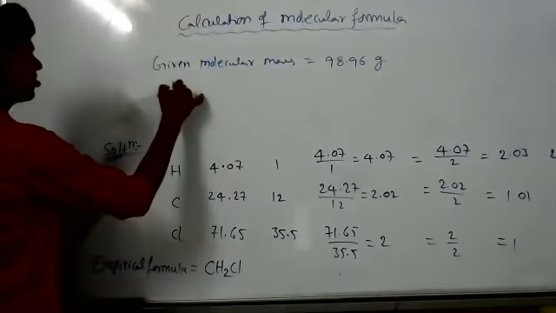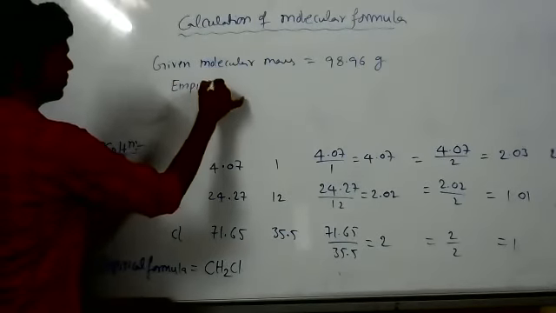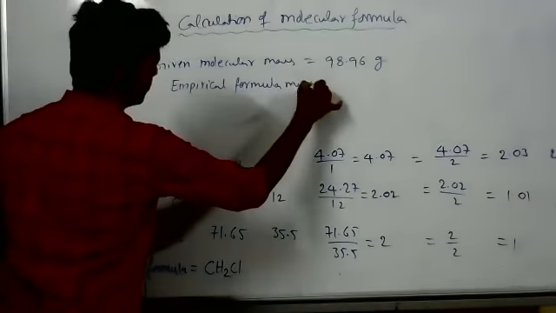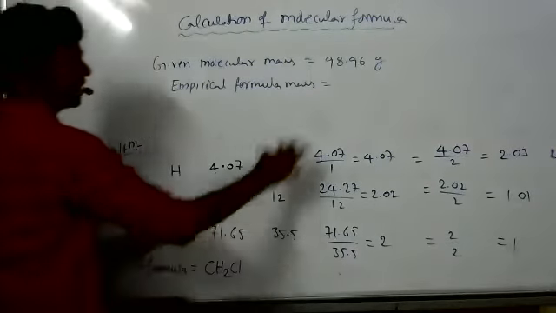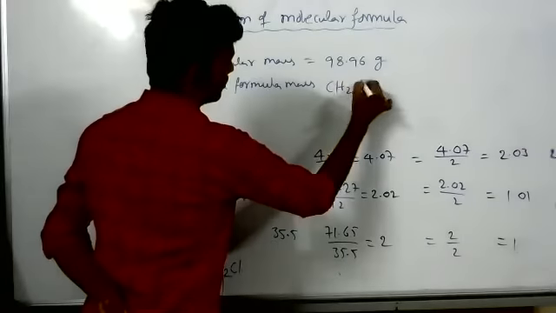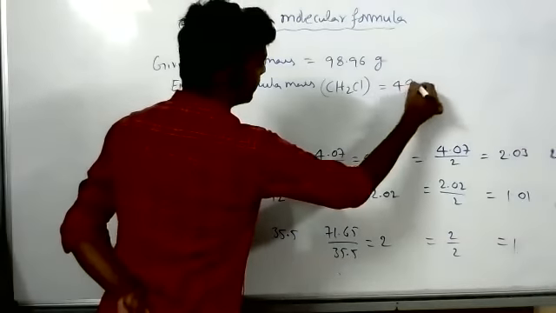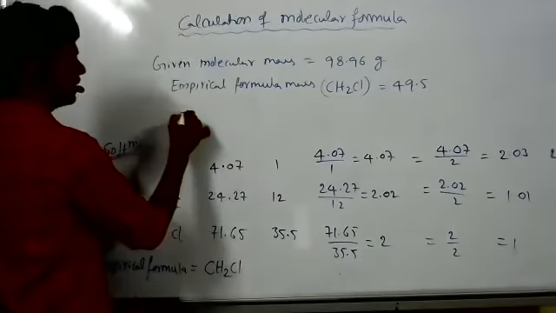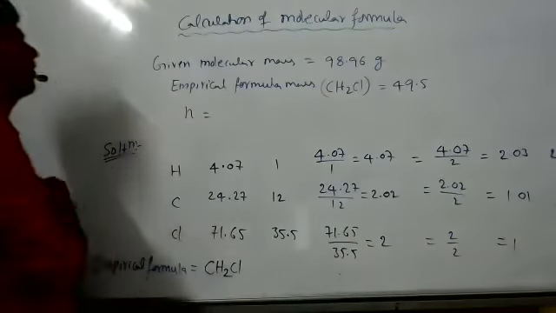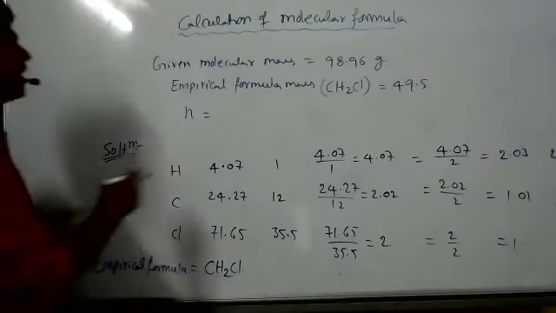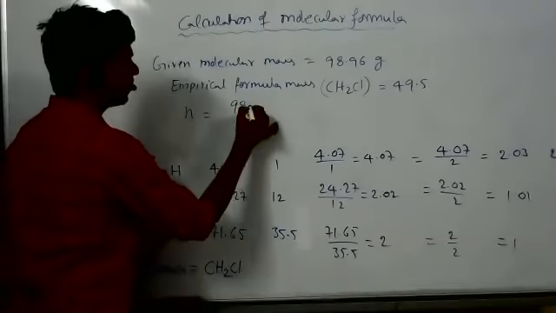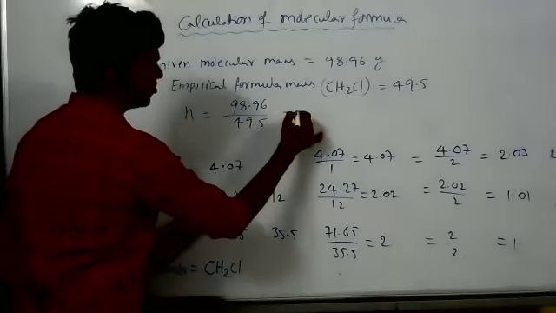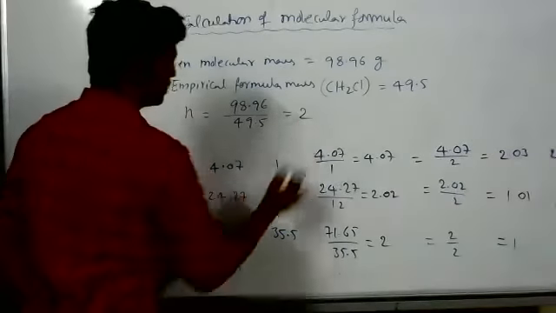Empirical formula mass of CH2Cl is 49.5. Next, n is equal to molar mass divided by empirical formula mass. That is 98.96 divided by 49.5, approximately 2. So we got the n value as 2.